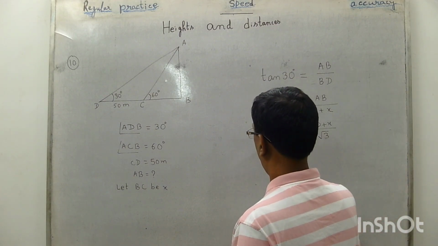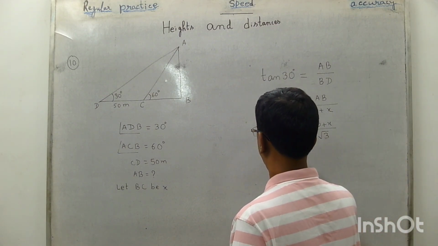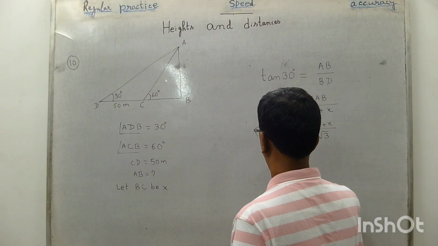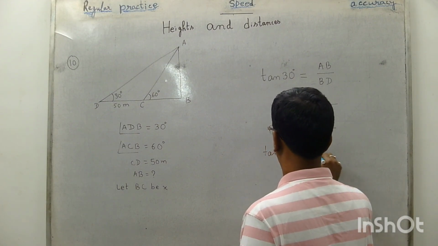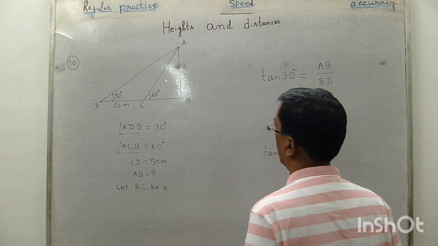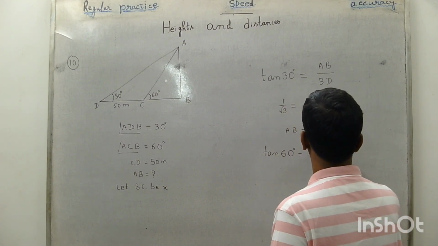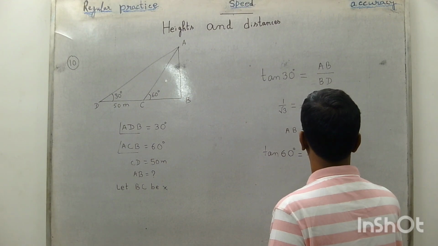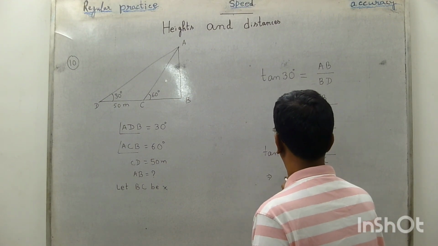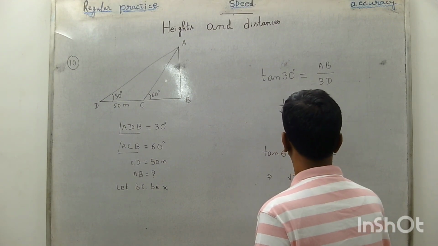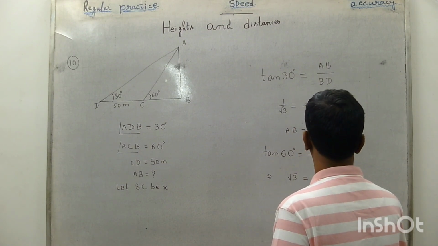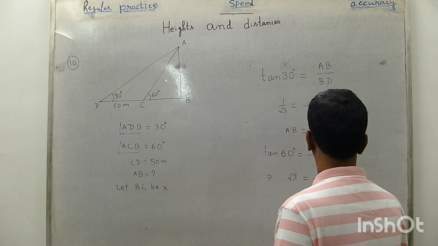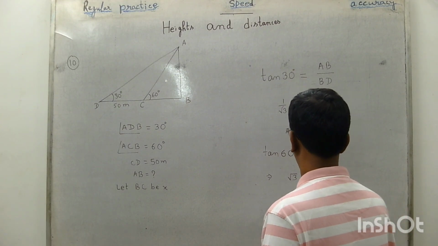Now we come to tan 60. It is AB by BC. Implies that root 3 equals AB by BC, means x.